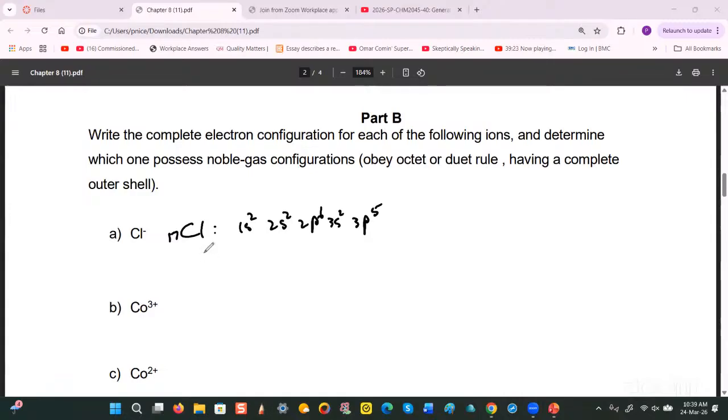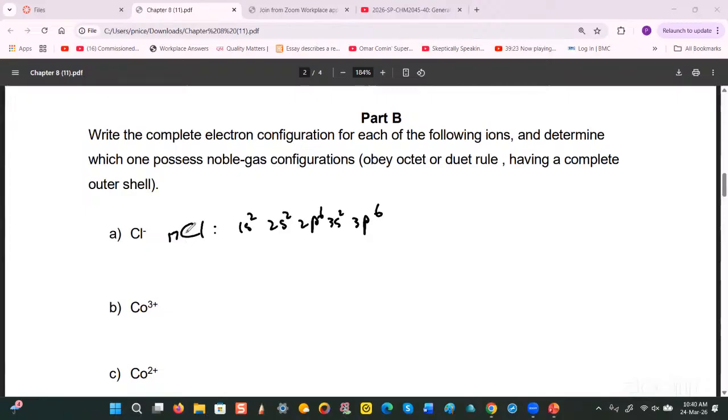Okay, so how do we get from that, which is the atom, to the chloride ion? You add an electron to 3p5, making it 3p6. Exactly, so this becomes 3p6. And that's it. Well, not quite, because the question is asking whether this possesses a noble gas configuration.